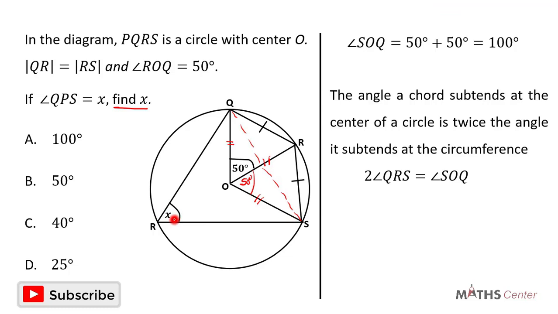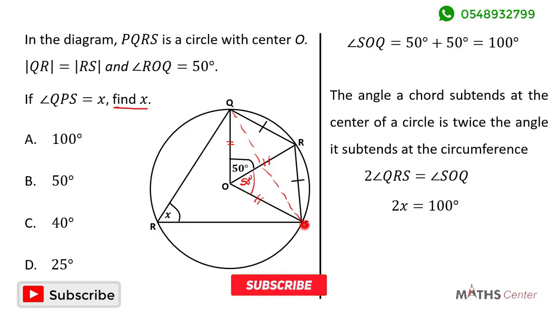So what it means is that 2 times angle QRS, which is the angle subtended at the circumference, will be equal to the angle subtended at the center, which is angle SOQ. Angle QRS is x, and we have just found out that angle SOQ is 100 degrees.